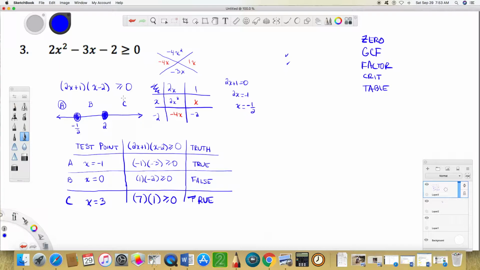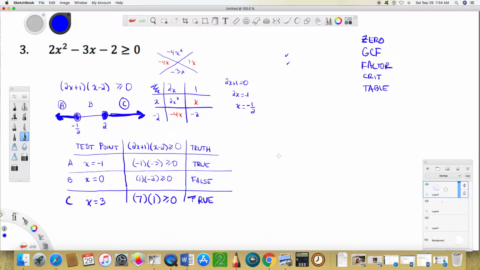So I'm going to shade here in region A, and I'm going to shade here in region C. So if you're in either one of these two sets, any points in those regions will be in the solution set. They'll make the original statement a true statement. Pick something that's not in our solution set and plug it in, and it'll result in a false statement.